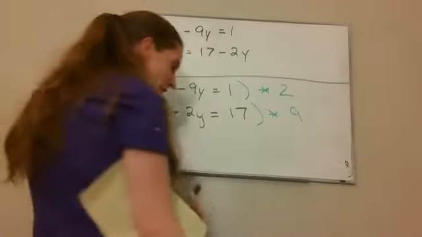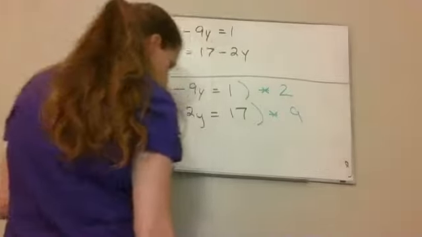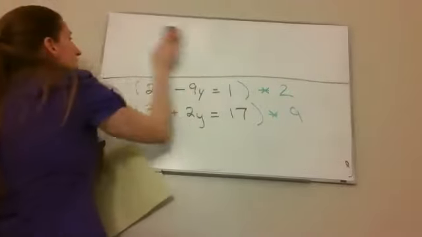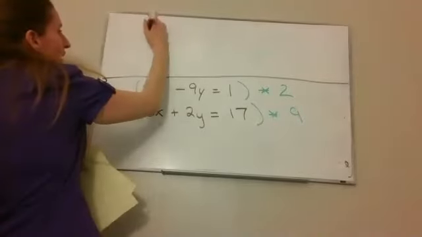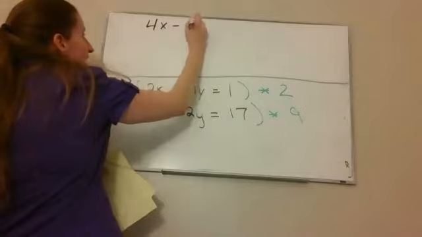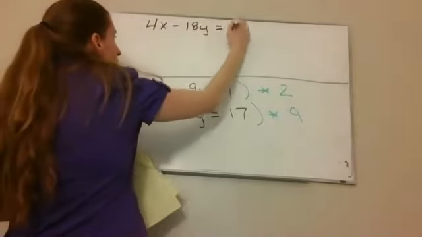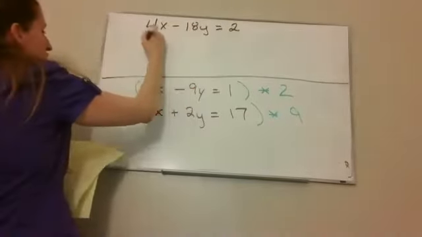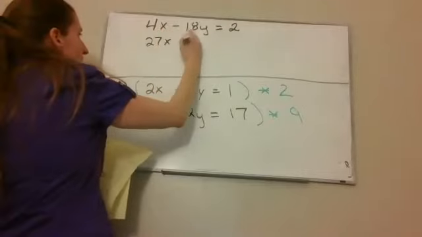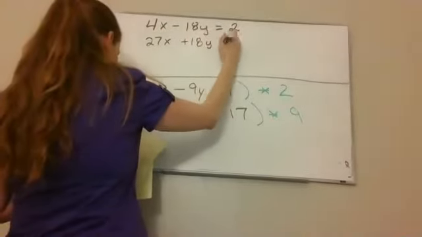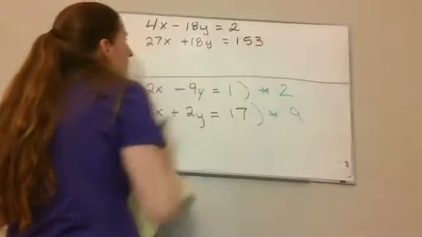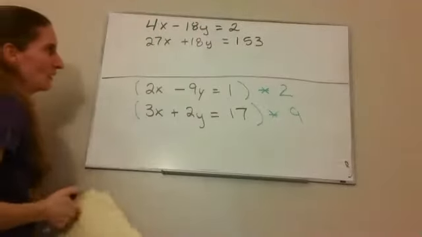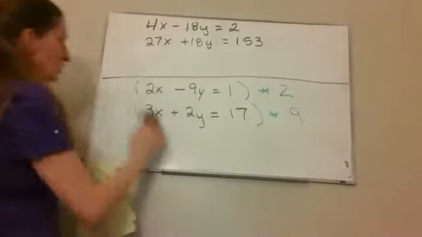So let's rewrite what these equations look like after they're multiplied. I will have 4x minus 18y equals 2, and 27x plus 18y is equal to 153. So now I have opposite coefficients on my y.